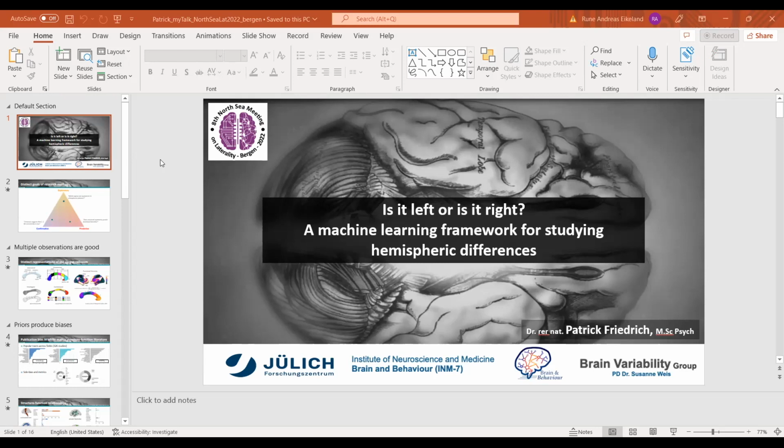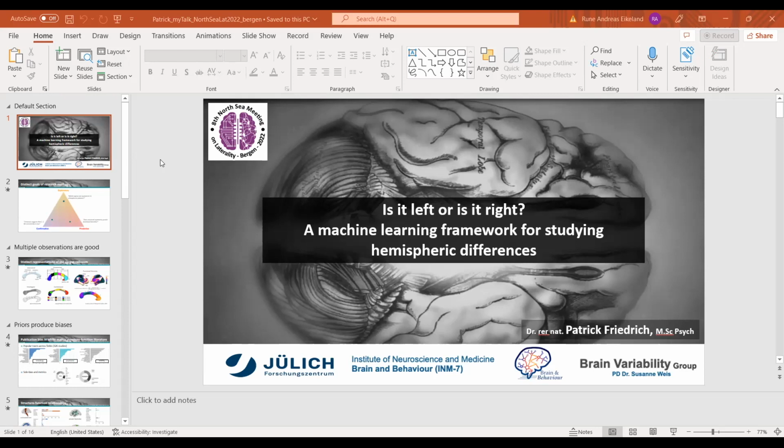And these different goals of research are best characterized or described in two different forms of methods: either conventional statistics on the one hand, or machine learning on the other.